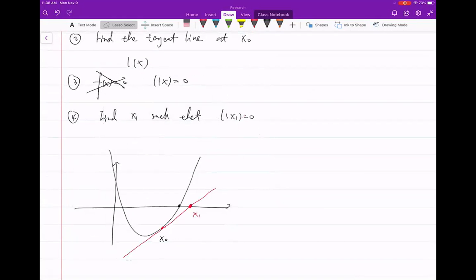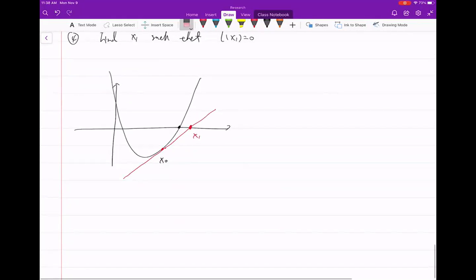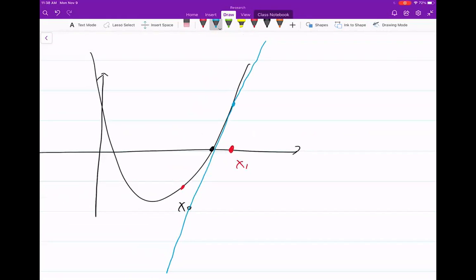I am going to forget about everything I just did. Just pretend I started from x1. Okay. I do the same thing. Find the line, tangent line. Good so far? Still, I can find 0 here. That's my x2. Do you agree x2 is even better than x1? What if I take x2, go to the function, do the tangent line again?